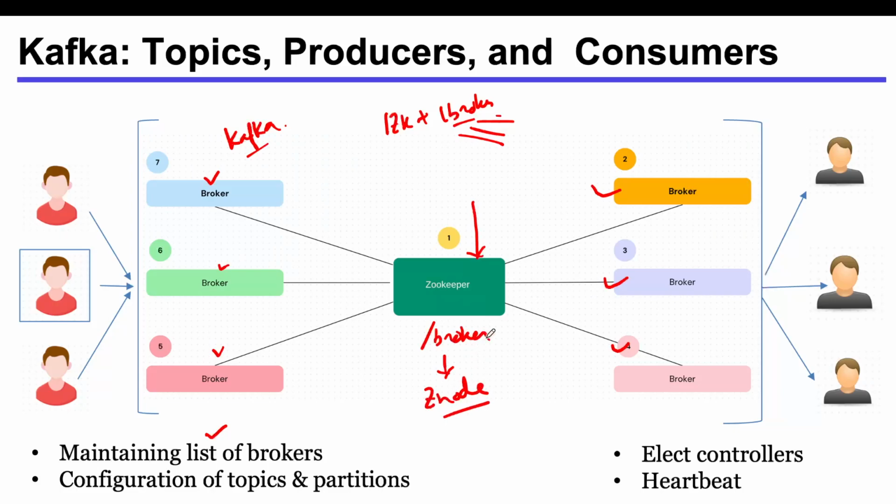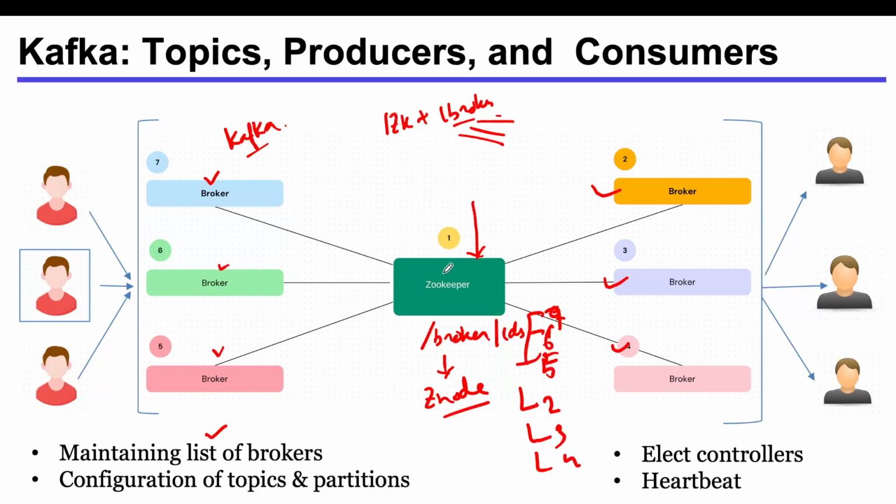In the znode for brokers, we are going to have these IDs and the list of brokers, say 0, 1, 2. In this example, we have broker IDs like 765, 2, 3, and 4. These are the numbers that you assign to each broker. They cannot collide. So it maintains the list of the brokers.